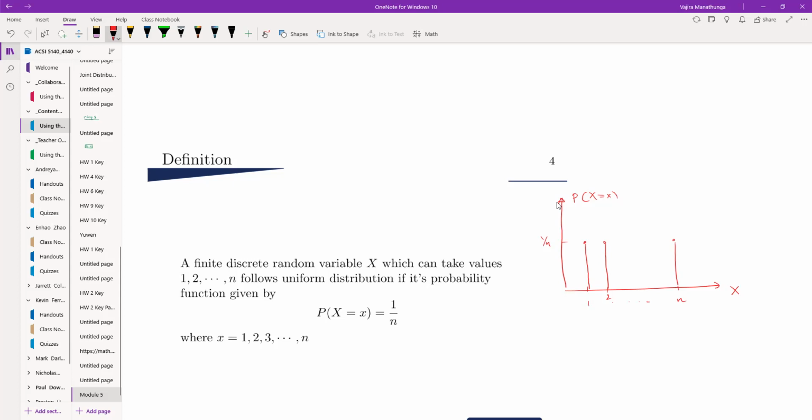For example, let's say X can take 2, 4, 6. Then X is uniform if the probability X equals x is just 1/3. If I draw this new one, here I have 2, 4, 6, and here is 1/3. That's the probability.